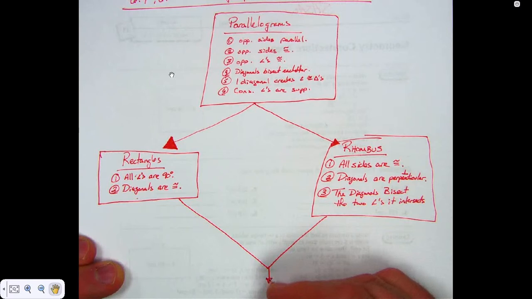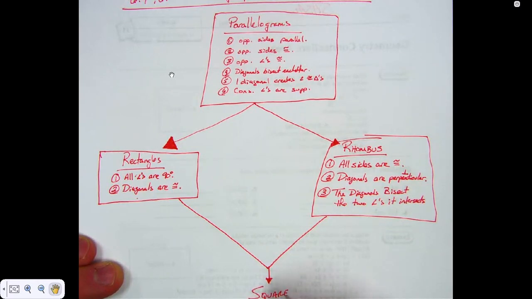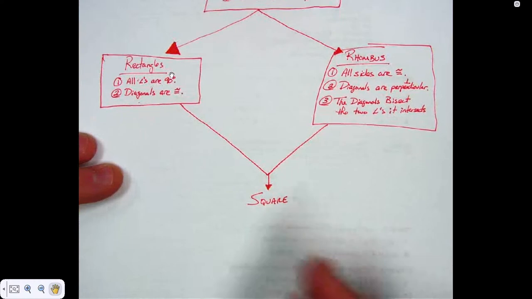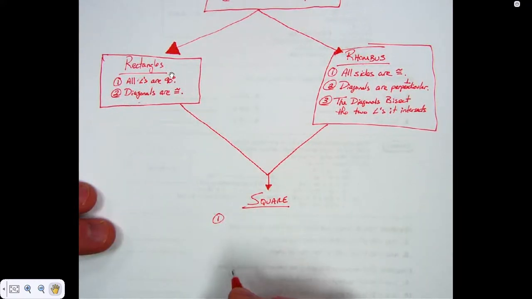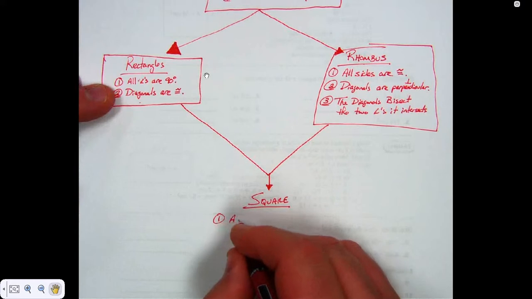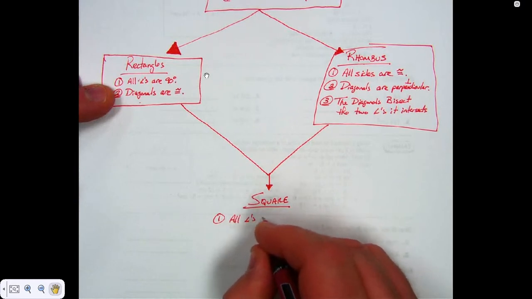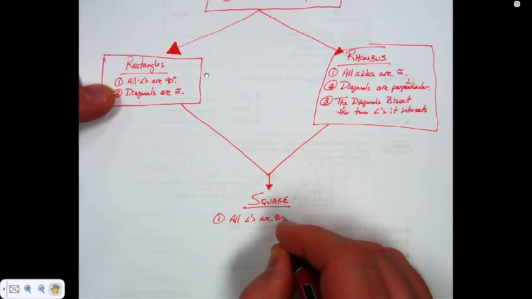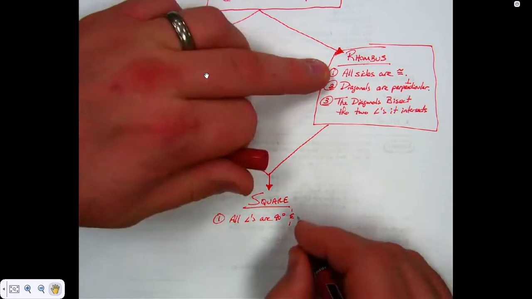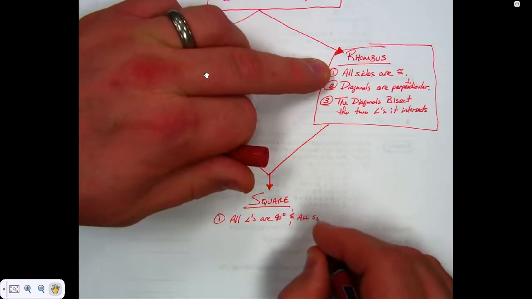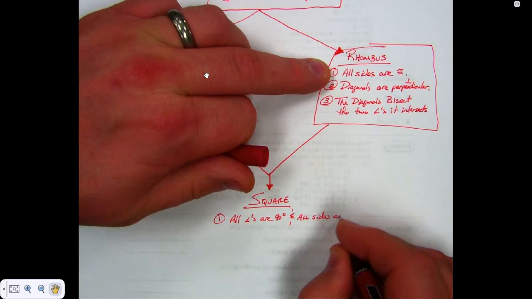It would be a square. You know why? Because you know what the definition of a square is? A rectangle and a rhombus. All angles are 90 degrees, and go over here to rhombus: all sides are what?